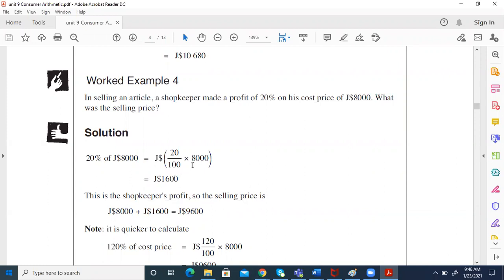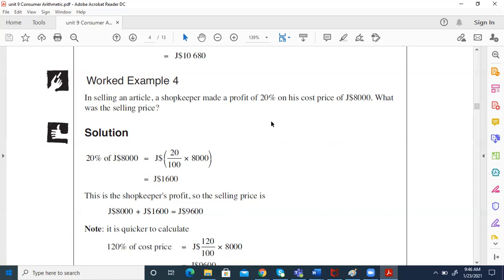So you can work it two ways. Some persons will find 20% of this and then add it to it. So that looks like 1,600, see right here, and then they would add it to the 8,000 and you get 9,600. Or, as I put it here, a quicker way to calculate this is to just multiply this 8,000 by 1.2.